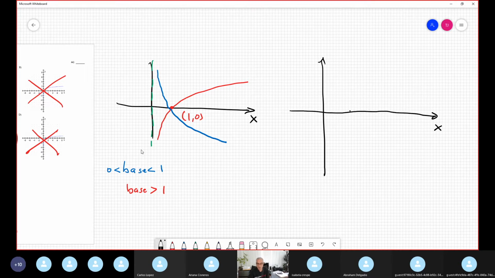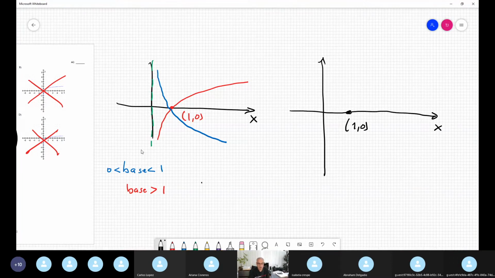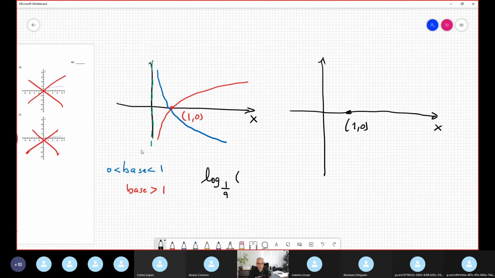You plot the famous point, in this case (1,0). And you know, in log base 1/9 of x function, log base 1/9 of 1/9, when there is a perfect coincidence between the argument and the base, the answer is 1. So you divide this, using my imagination, and this point is the point (1/9, 1).